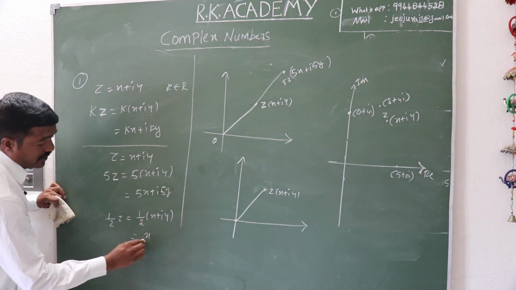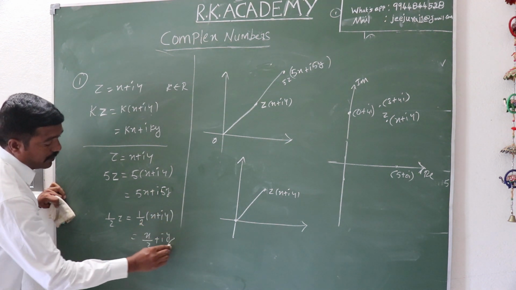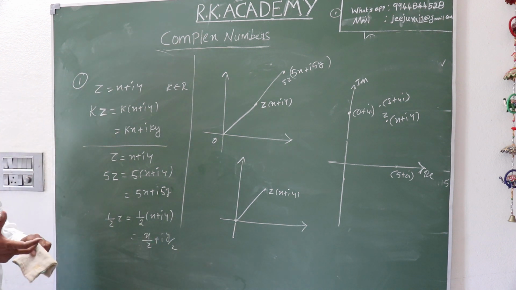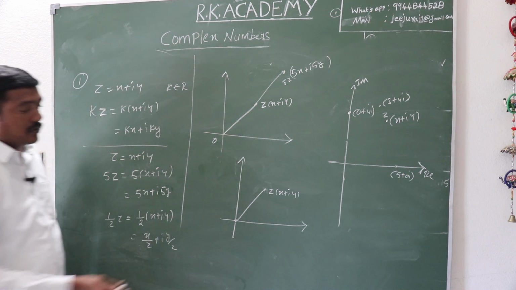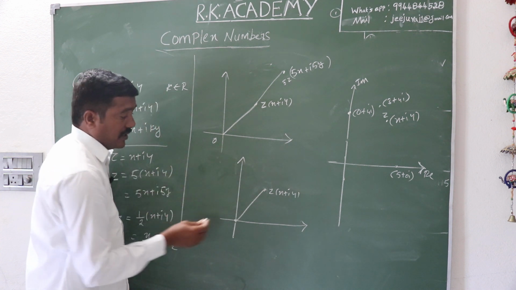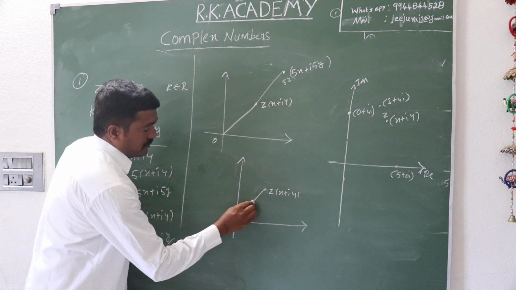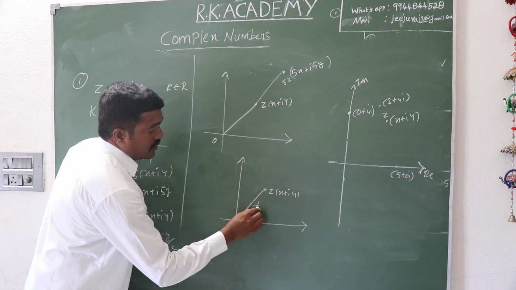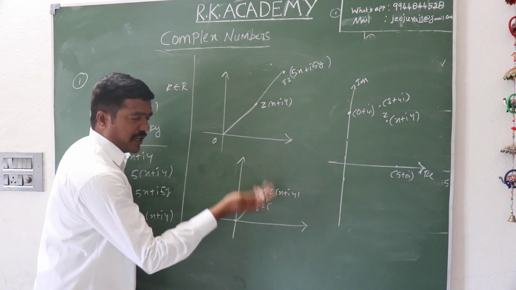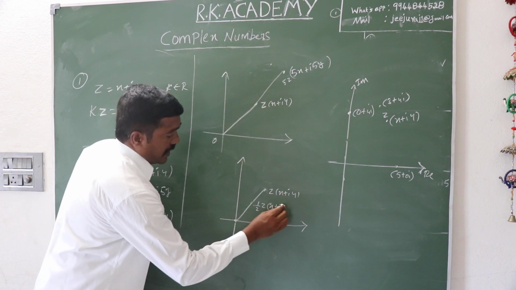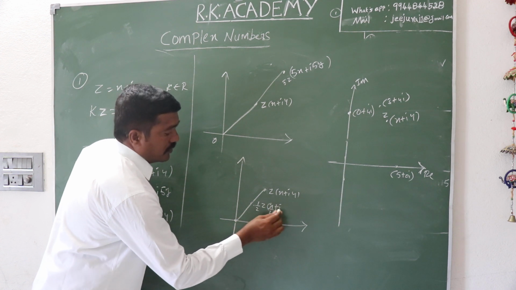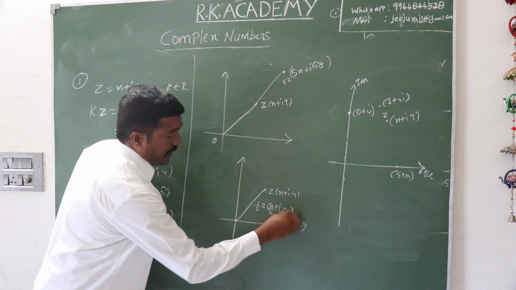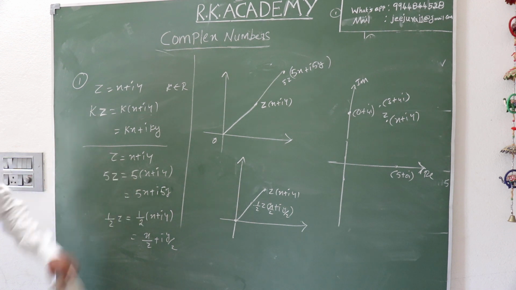We can write x by 2 plus i into y by 2. So half of the given value. So it's 1 comma 1 like that. Now we can take half of that. So z by 2 we can write like this, x by 2 plus i into y by 2. So it's half of the value.